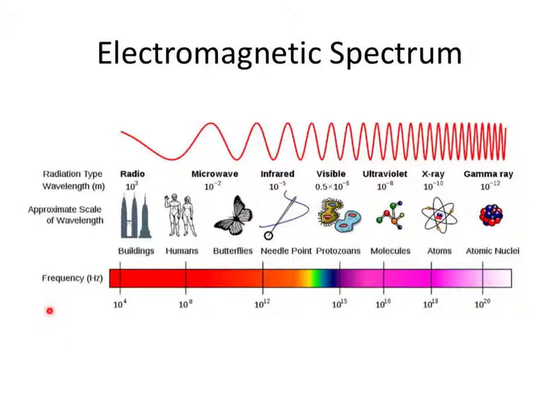Now, this is the frequency of the waves, and you can see that as the wavelength of the waves gets smaller and smaller as we go from radio to gamma rays, the frequency, on the other hand, gets larger and larger. So we get down here to the gamma rays, which have this tiny wavelength of 10 to the minus 12 meters, but a frequency of 10 to the 20th cycles per second.